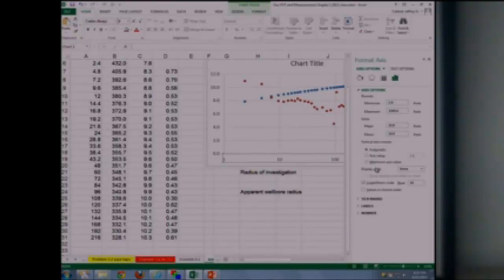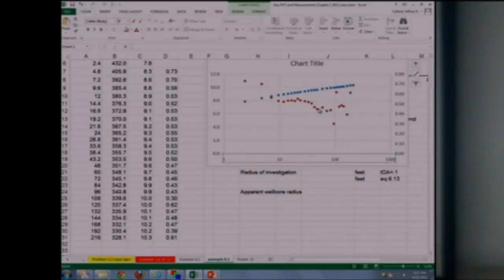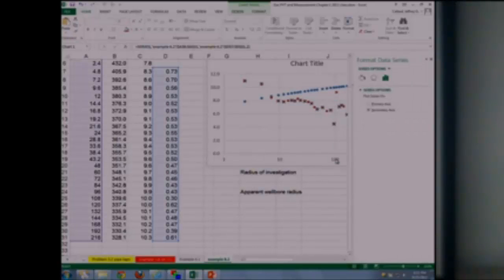Dr. Carr, can you show us how to create a new y-axis? I sure can. I right-click the data and say format, and I went from primary to secondary.